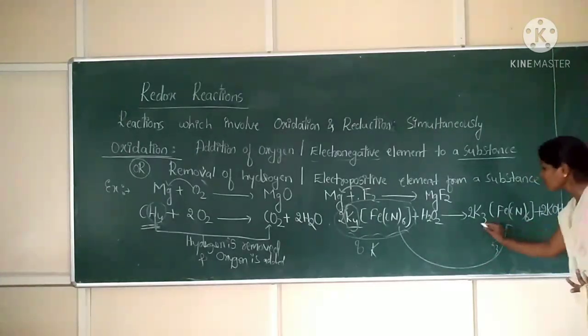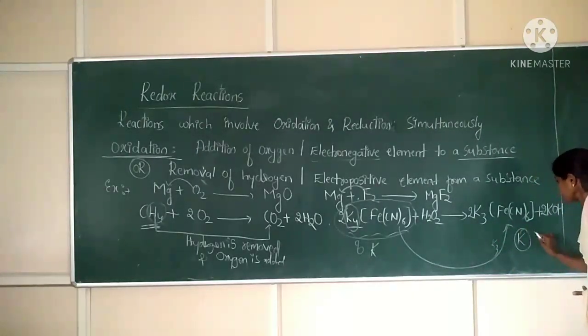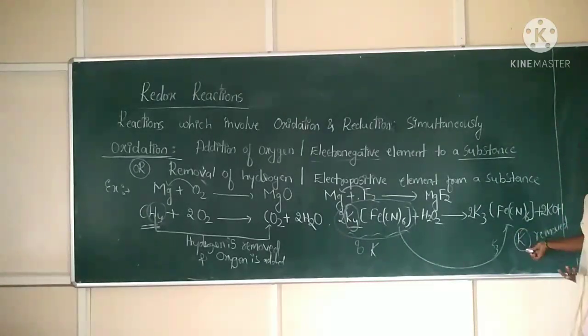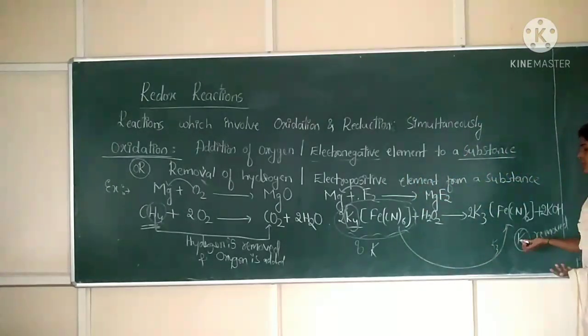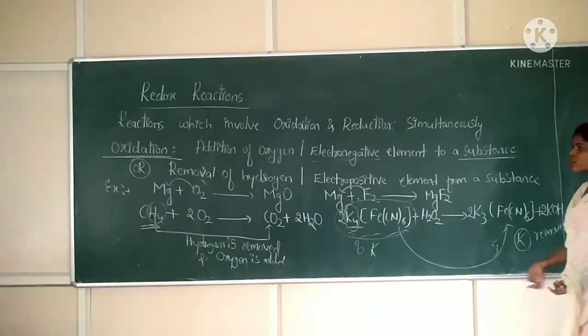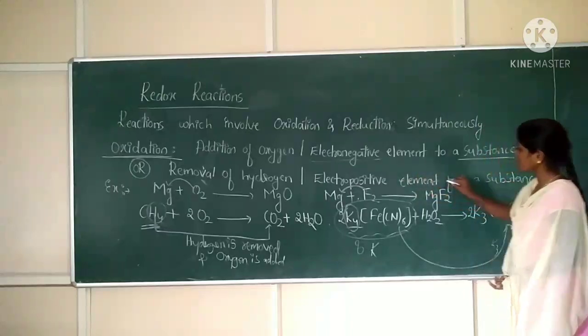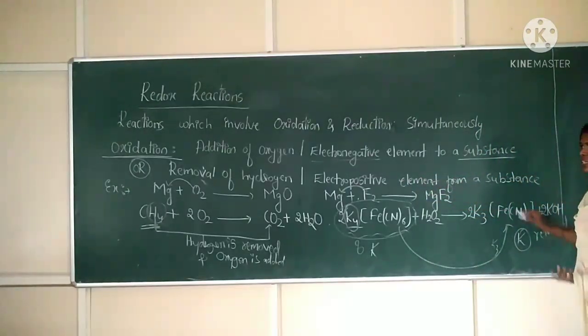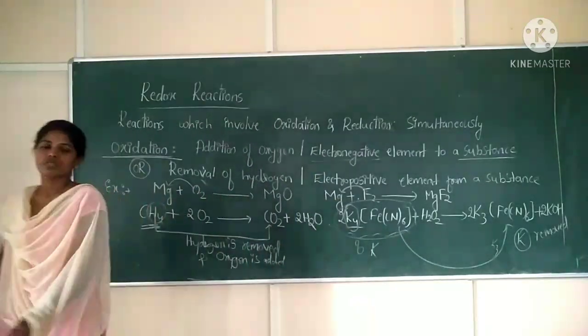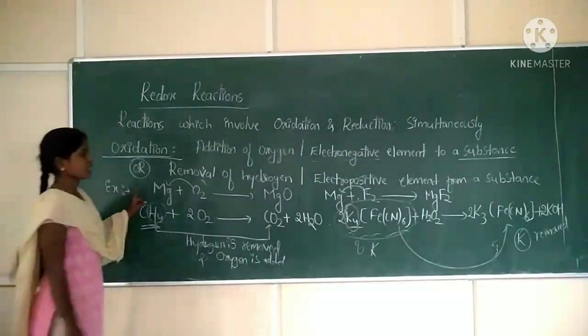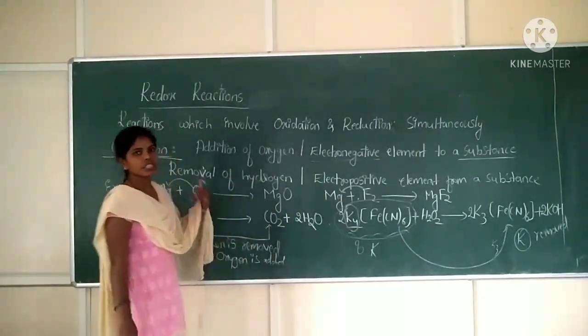Now, 1 potassium is removed. What is the nature of potassium? It is an electropositive element. So, removal of electropositive element from a substance can also be called oxidation. So, this is the definition of oxidation and example for the oxidation.